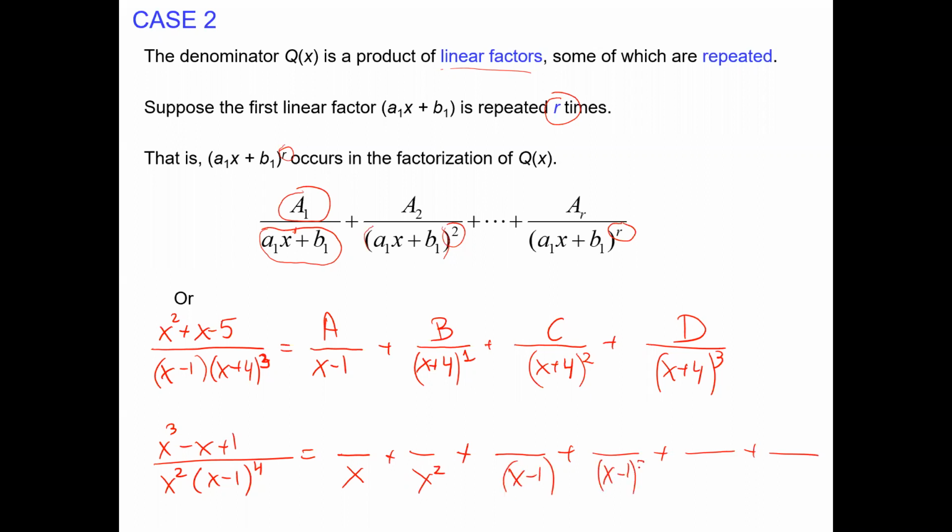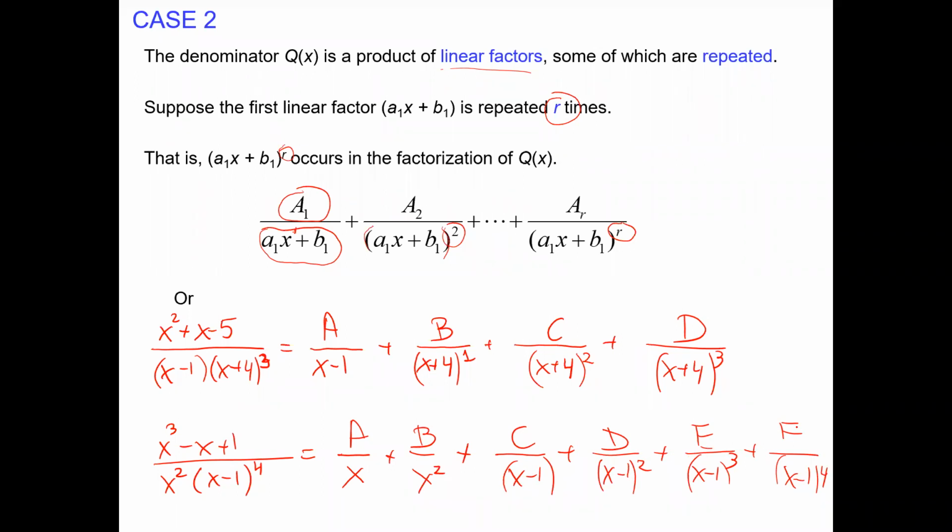And everywhere, in this case, A, B, C, D, E, and so on, F, everywhere on the numerator we will place just the constant.